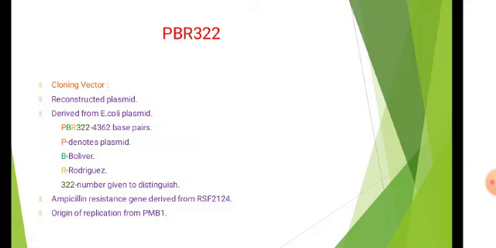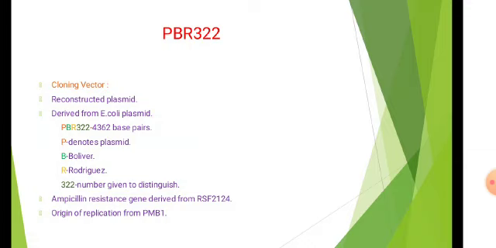Another one, pBR322, is a reconstructed artificial plasmid. pBR322 is a cloning vector derived from E. coli, Escherichia coli.